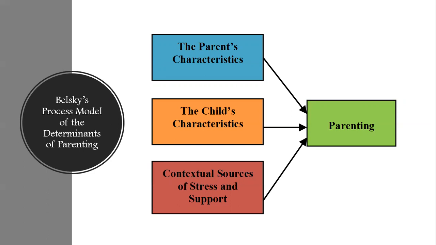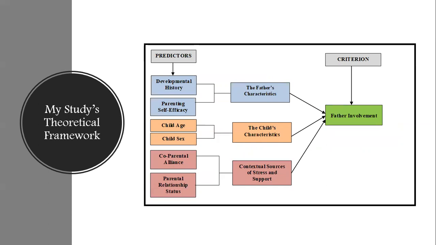And so I drew upon this particular theoretical framework in order to frame my own study. But I tweaked it a little bit, as you can see. So instead of looking at the parents' characteristics in general, I changed that to say the father's characteristics. So there were specific characteristics within the father that I wanted to further investigate.